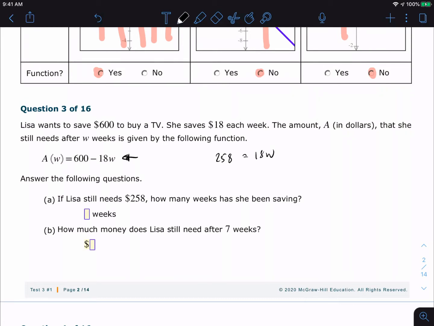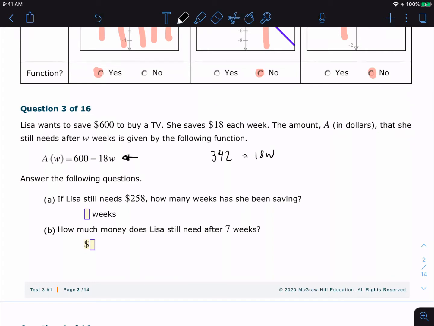So we should get 258 divided by 18. She still owes that much. Oh, I want to get this right. I'm sorry. So $600 for the TV minus 258. She's going to still owe 342, which is how much she's paid off.